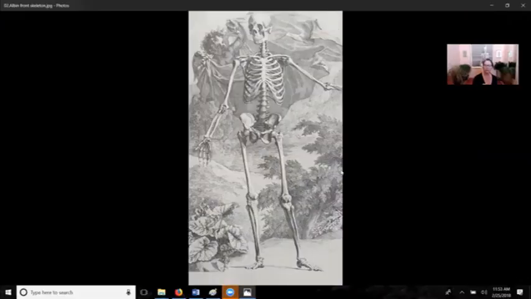So here's a beautiful 1500s skeleton drawing by a guy named Albinus. And what I want to point out here is this arm structure is on the torso, attached in the skeleton as if the musculature was there.